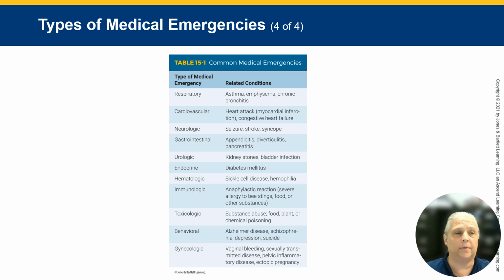So here on Table 15-1 are some common medical emergencies. I'm not going to sit there and read this to you. You can see it and go ahead and read it. These are some types of emergencies that we may come across and have to deal with.